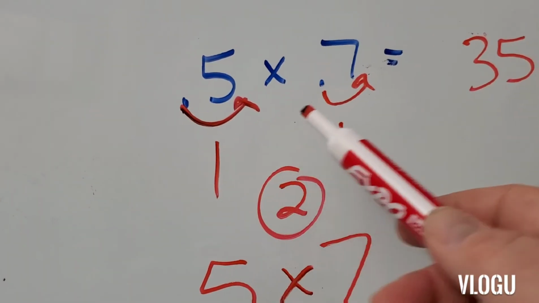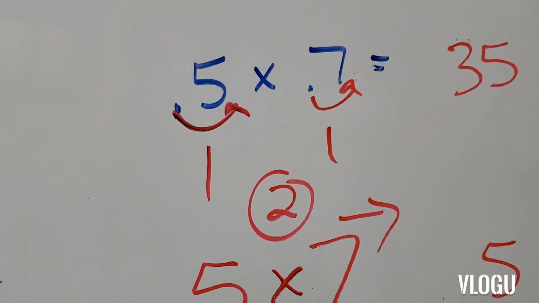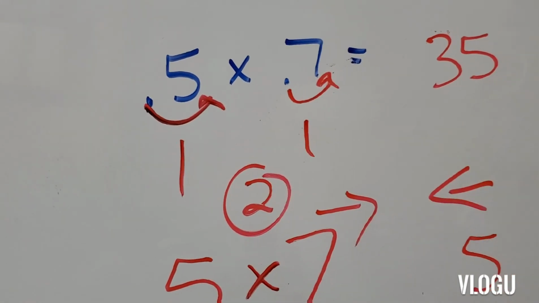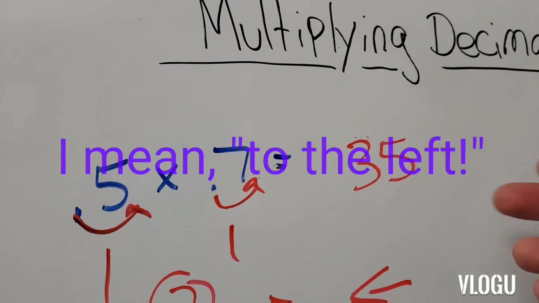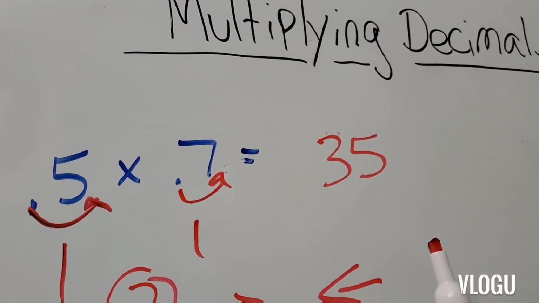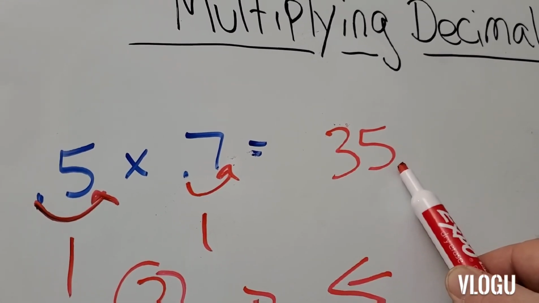Since I did 2 steps to the left to get rid of the decimal, I need to slide 2 steps to the right back into my answer. So, take my number 35. Where does the decimal live in the number 35? It lives right here.